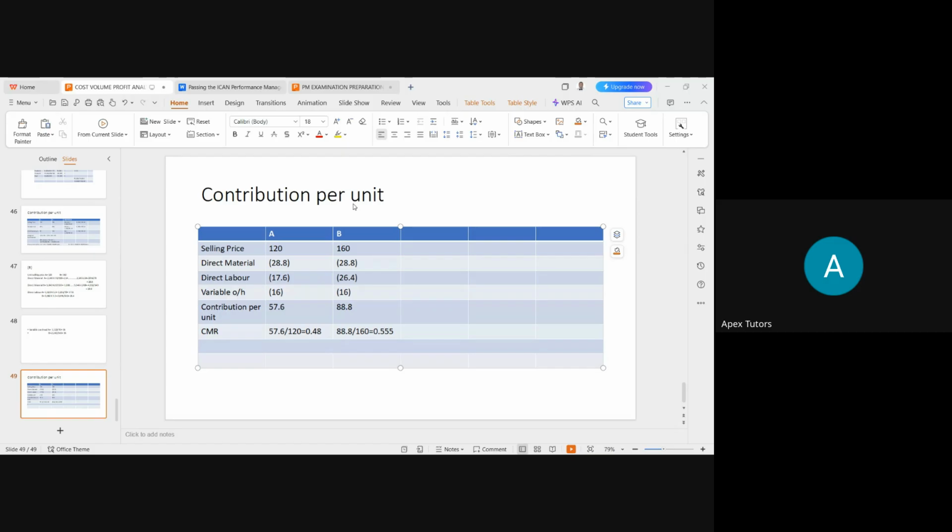It means that of the total revenue, 80% belongs to B, so 20% of the total revenue belongs to product A. That will be 0.2 times the CMR, which is 0.48, plus 0.8 times 0.555 for product B.